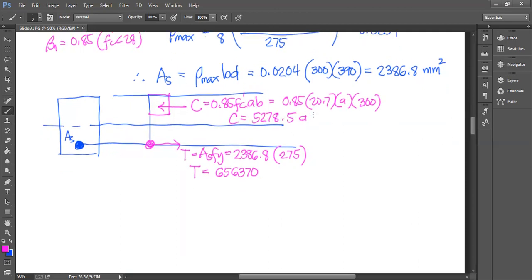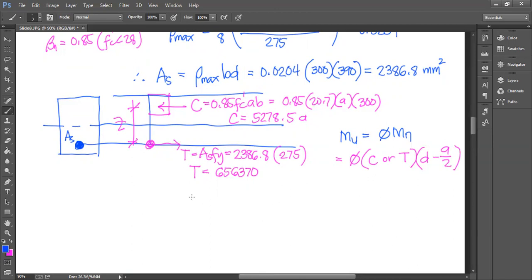Okay. Importante na makuha natin yung A because alam natin na yung ultimate moment natin is equal to Vmn or kung singly yung case natin, yung value ng Z is dependent doon sa value ng A. Kasi, alam natin na this is phi multiplied by either C or T multiplied by D minus A over 2.